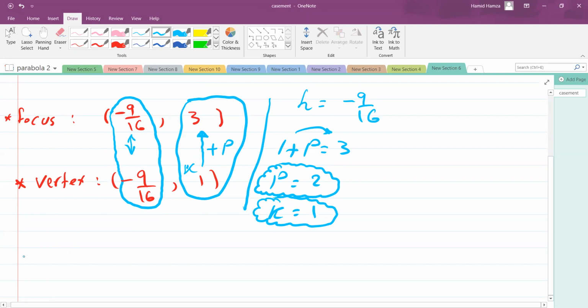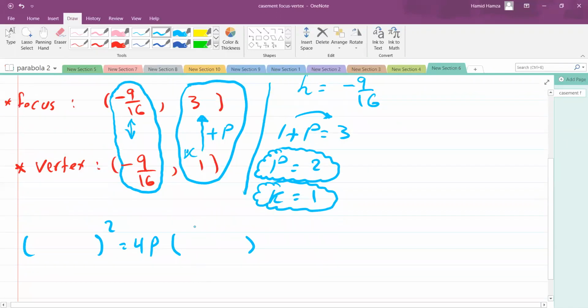So the equation will be bracket without power, bracket with power, equals 4b. In the previous example, the directrix told you what letter to write in the bracket without power. So here, what letter should I write?